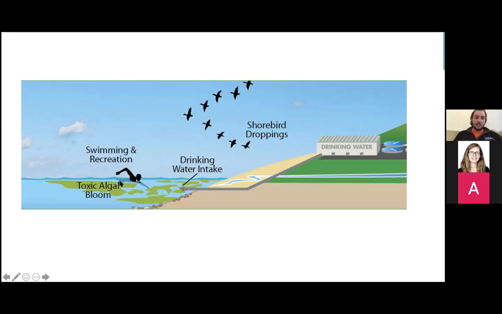Basically this algae forms here on the lake, and it means that here on the beach, you don't want to go on the beach or in the water because that has potential health consequences. And if the algae can get into the drinking water intake where our drinking water treatment plants source water from, then it could become a human health risk entering the drinking water source.